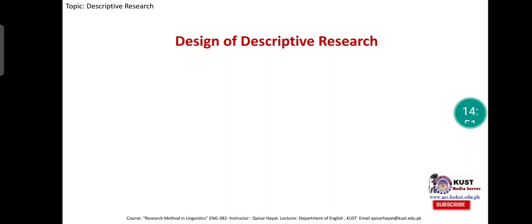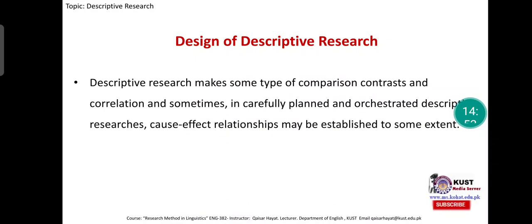So the design of descriptive research is that it makes some type of comparison, contrast, comparison and contrast, and correlation, and sometimes in carefully planned and orchestrated descriptive research, cause effect relationship may be established to some extent.